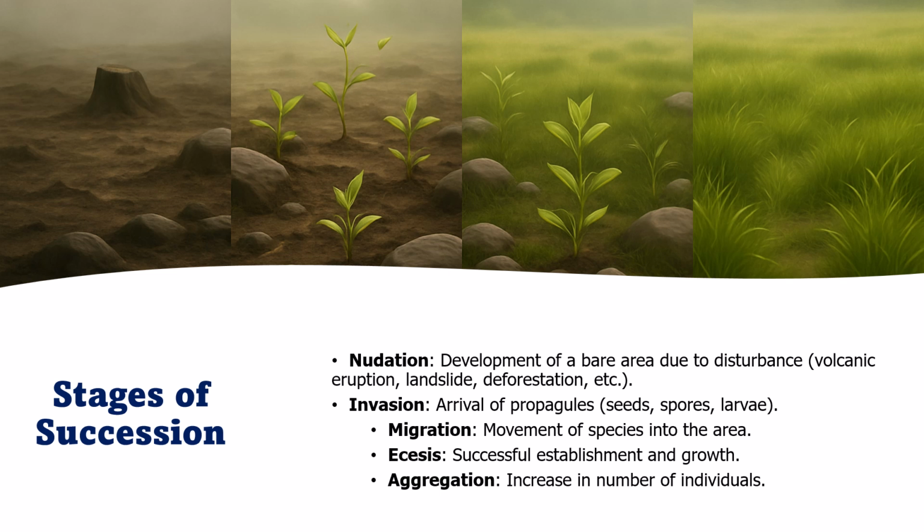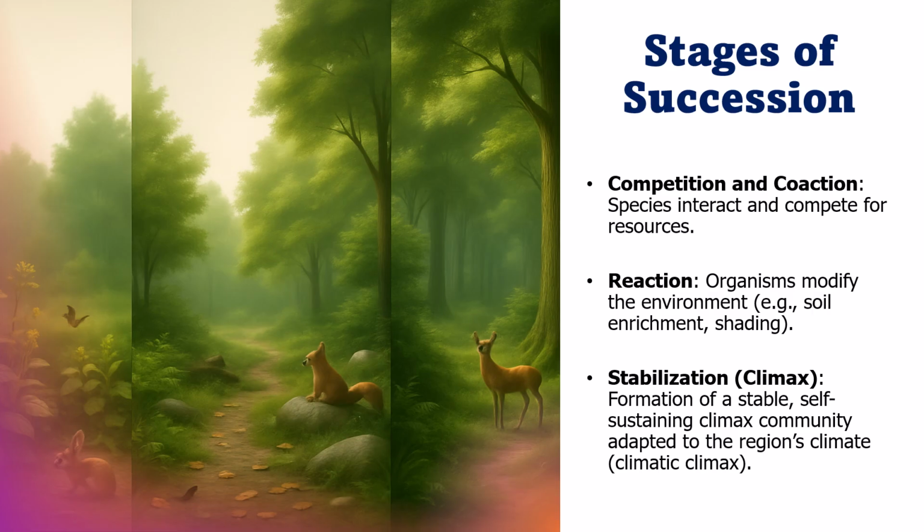With time, aggregation occurs as populations increase. As the species interact, competition and coaction shape community structure. Through reaction, organisms modify the environment, improving soil or creating shade. Finally, stabilization leads to a complex community or relatively stable, self-sustaining ecosystem that reflects the region's climate and environmental conditions.